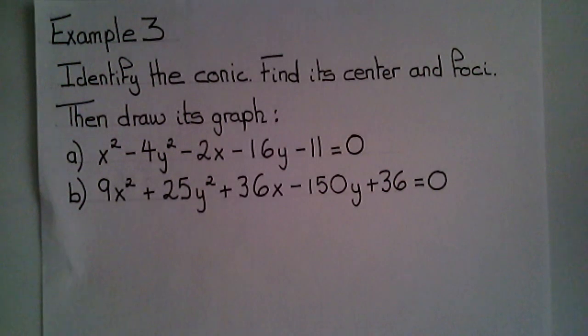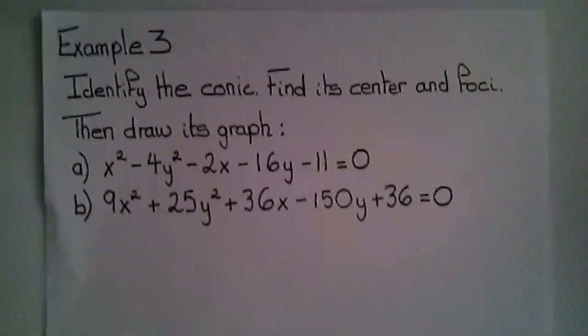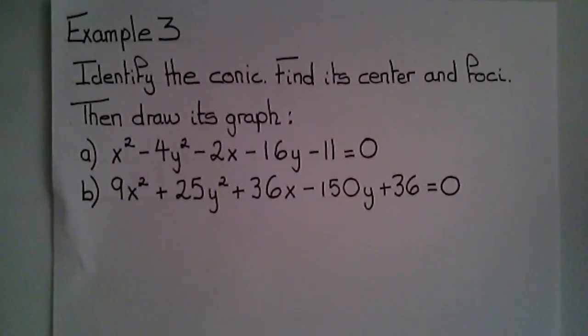So, example 3, we're going to identify the conic, find its center and foci, then draw the graph. So, a little bit of algebra and then graphing, not too bad. Same as the circle, we're going to complete the square on the x's and complete the square on the y's.